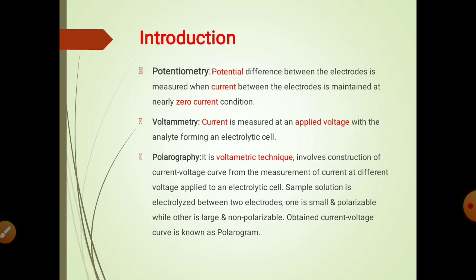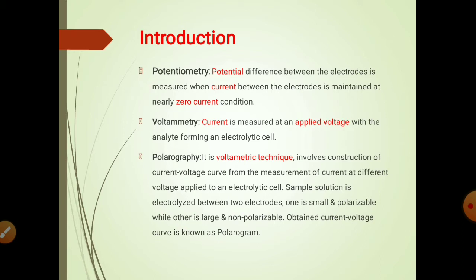Now let's see polarography. It is a voltammetric technique. This polarographic technique involves the construction of a current voltage curve from the measurement of current at different voltages applied to an electrolytic cell.